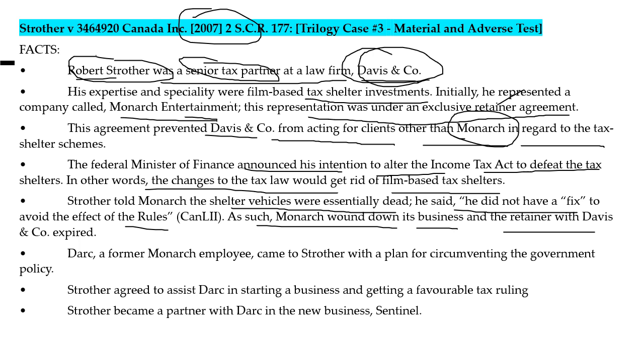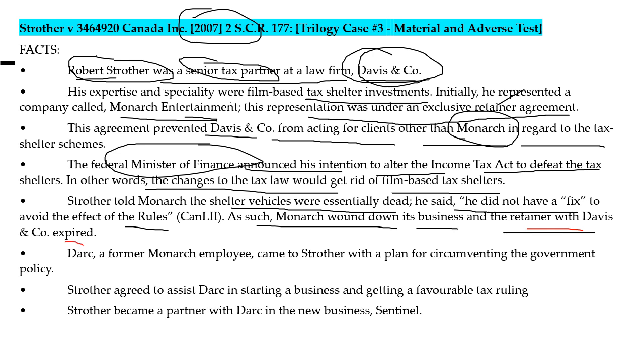So Strother, based on this announcement by Minister of Finance, told Monarch Entertainment that okay, your tax things would no longer be that beneficial, you can just take them down. So Monarch, on listening to Strother's advice, shut down his business, and as a result, the retainer agreement with Davis Company also expired.